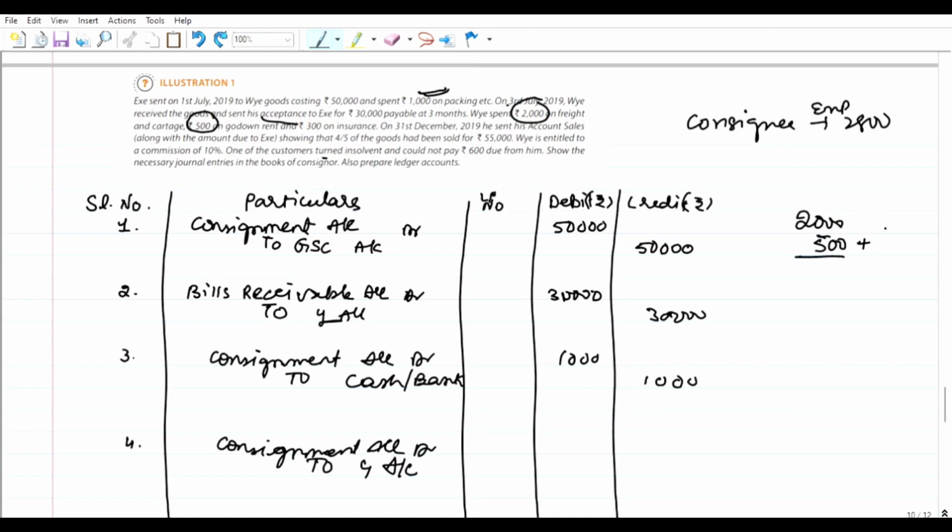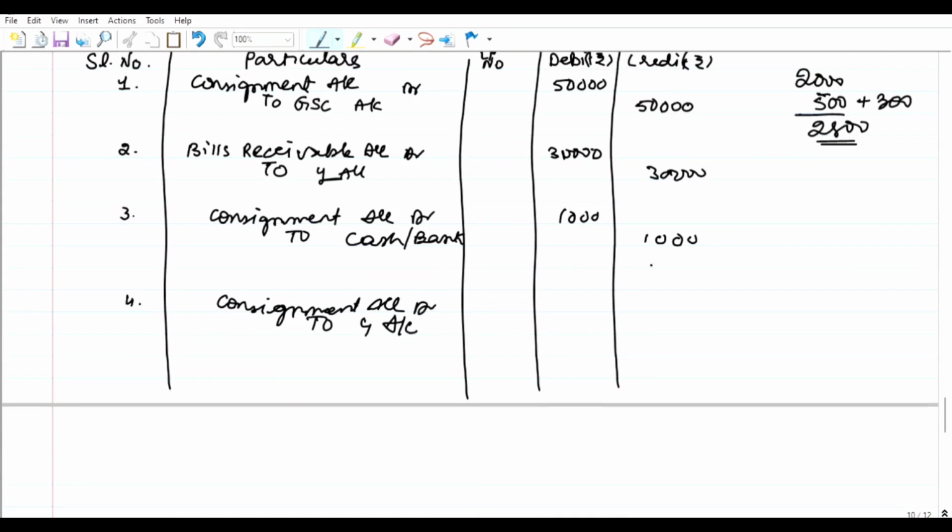This plus 300 expenses totally by consignee for our consignment goods is 2800. But at the time of calculation of unsold goods, we have to take only the non-recurring expenses, which is 2500, and in this also we have to take the proportionate part of 1 by 5. But here, consignment account to consignee account is 2800 rupees.